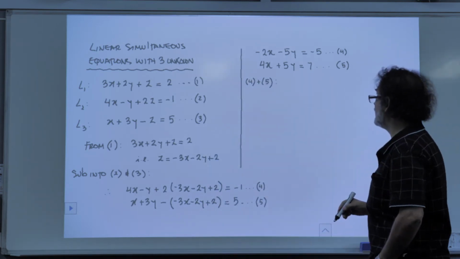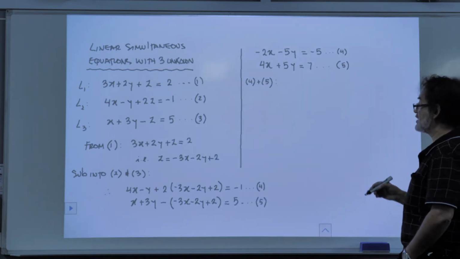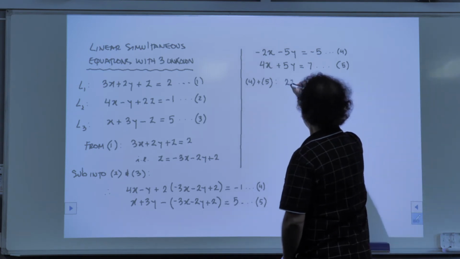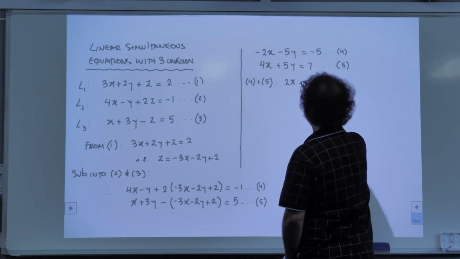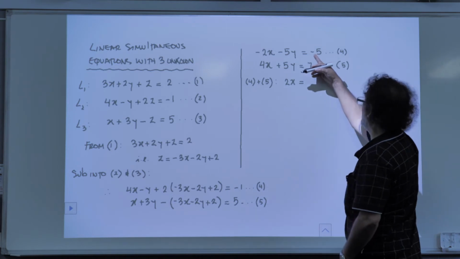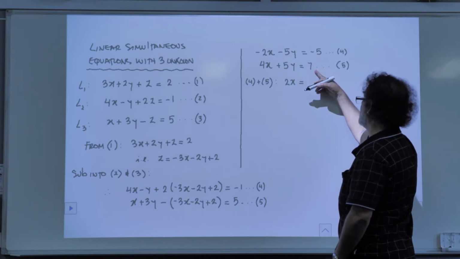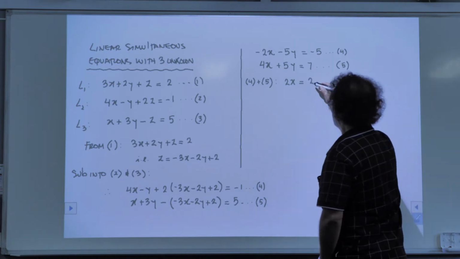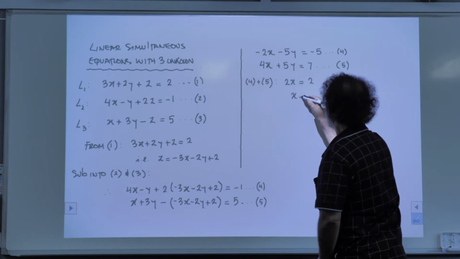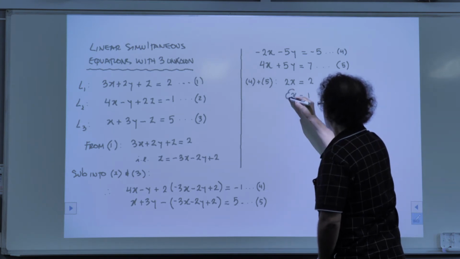That will give you minus 2x plus 4x, so it's going to be 2x. And then on the other side, you're going to have negative 5 plus 7, so it's going to be positive 2. And we have a really nice answer for x, which is just 1.